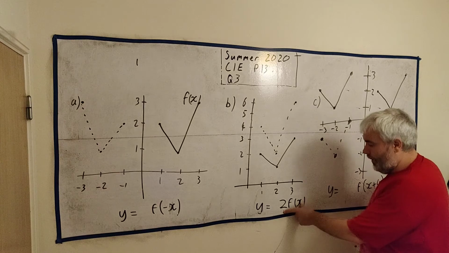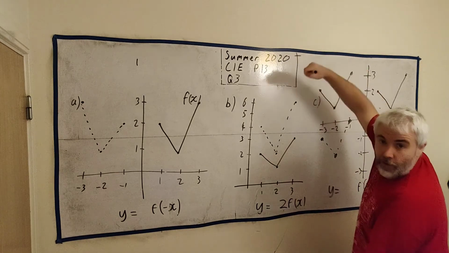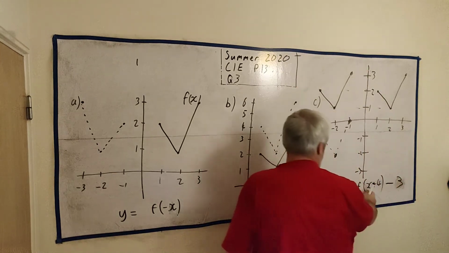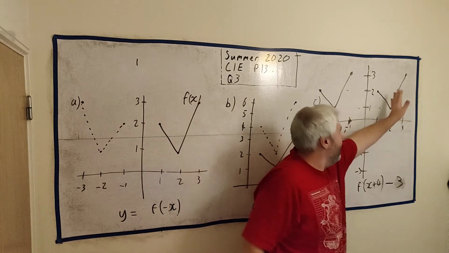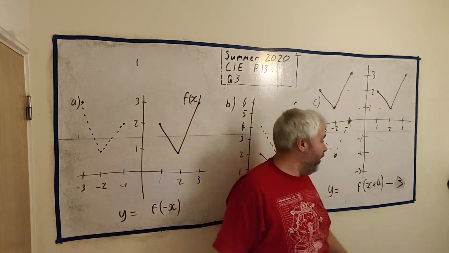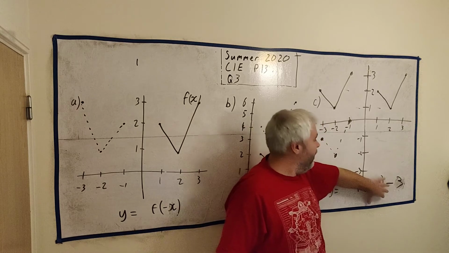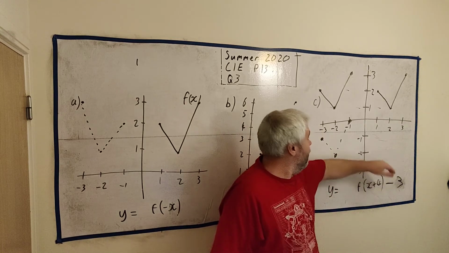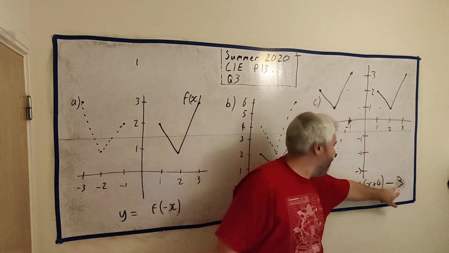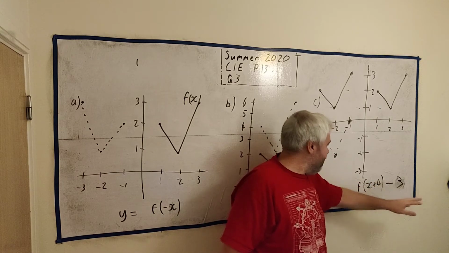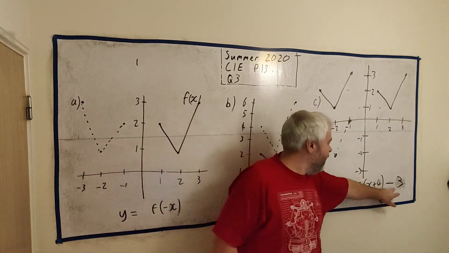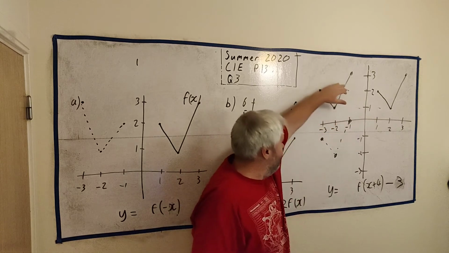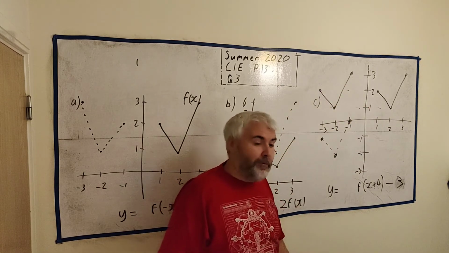A multiply by the f will stretch it or squash it. Adding on to the x or taking away will move it left or right. Adding or taking away onto the whole function will move it up or down. This is one we use a lot, by the way. If there's anything you need to remember from here, adding or taking away from a function will move it up or down. That'll be probably the most important translation we learn.